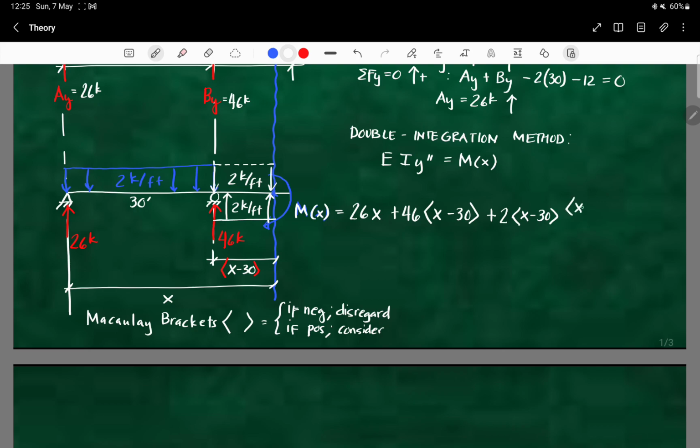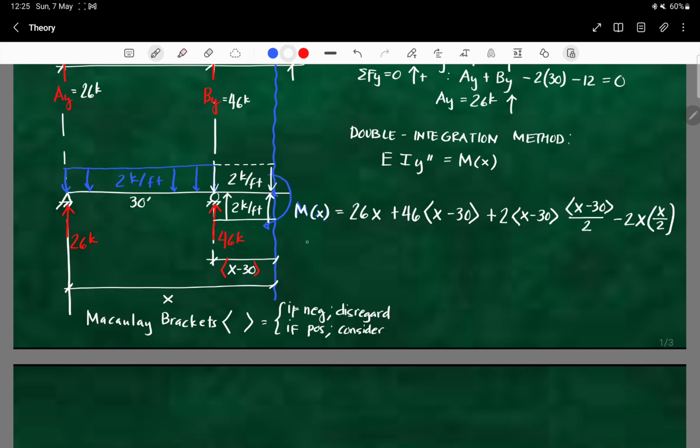So this is x minus 30 divided by 2. Then aside from that, itong uniformly distributed load na 2 kips per feet downward, hanggang dun sa cutting section. So minus itong 2 kips, and then yung overall distance is itong value ng x. So we have x, and then we have x divided by 2, yung moment arm niya. Okay? So ito na yung moment equation natin.